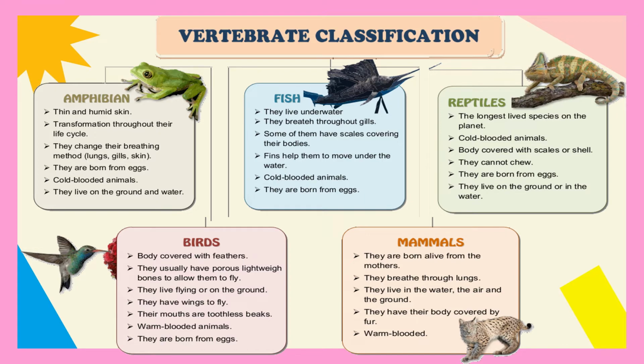Okay? Again, under our vertebrate classification are amphibians, fish, reptiles, birds, and mammals. We have 5 groups. Okay, do you understand, everyone? Very good. Now let's move on.